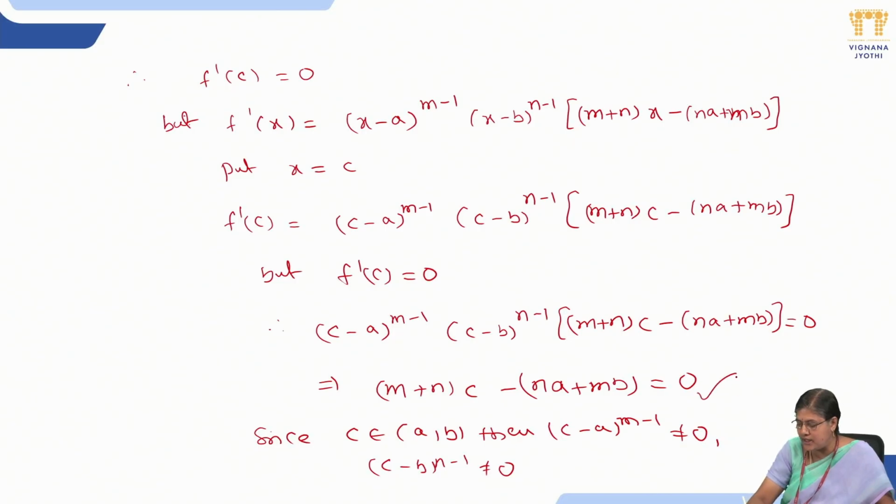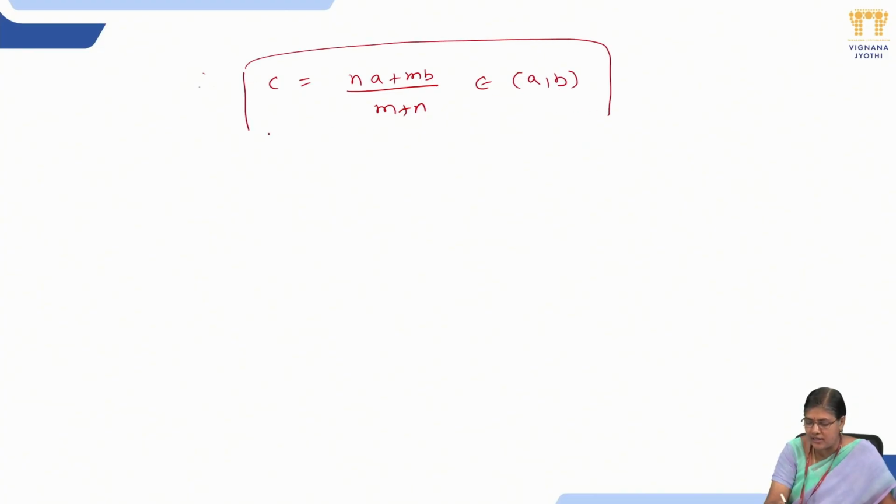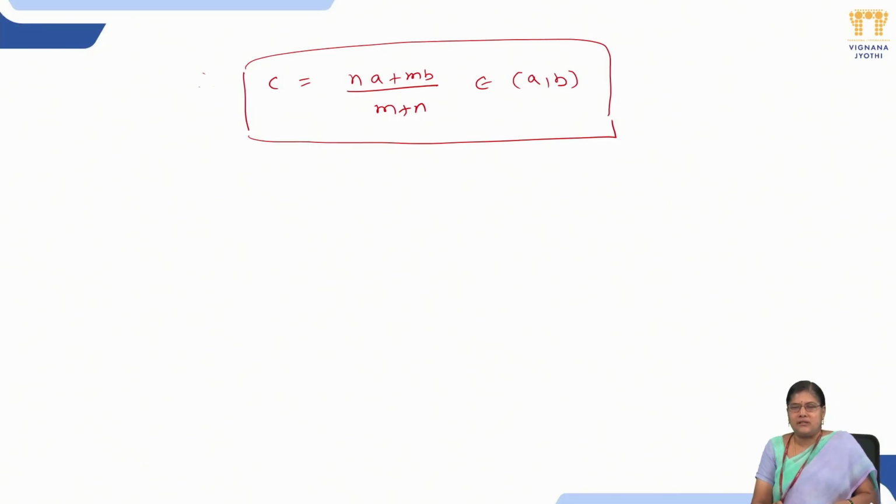Therefore, the only possibility is (m plus n) c minus (na plus mb) equal to 0. Simplifying, we get c is equal to (na plus mb) by (m plus n). This value clearly belongs to the open interval a comma b. Therefore, from Rolle's theorem, finally the value of c is (na plus mb) by (m plus n). Okay, thank you students.